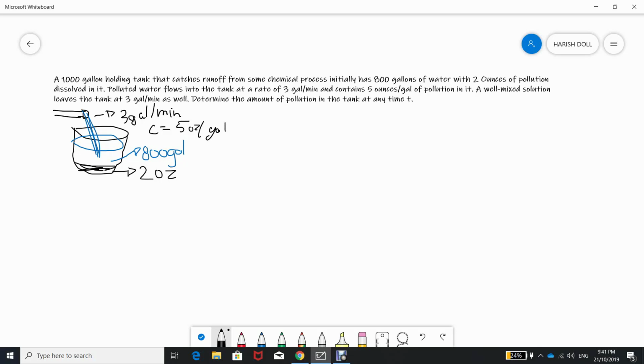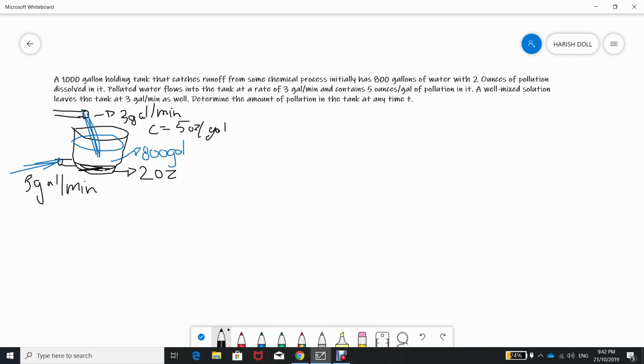Now we're also told that the solution is leaving the tank at the same rate, so it's flowing out at 3 gallons per minute. Now we're asked to determine the amount of pollution in the tank at any given time.